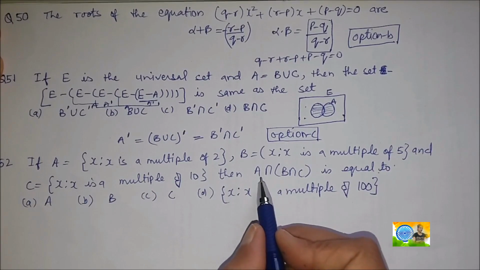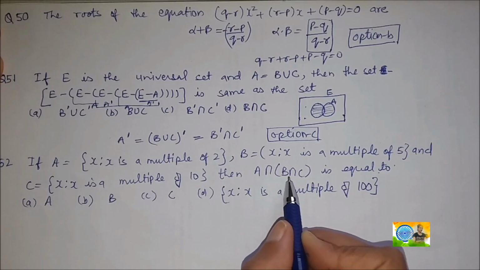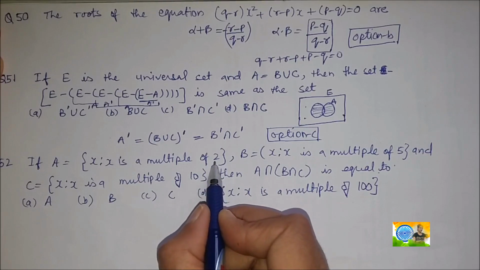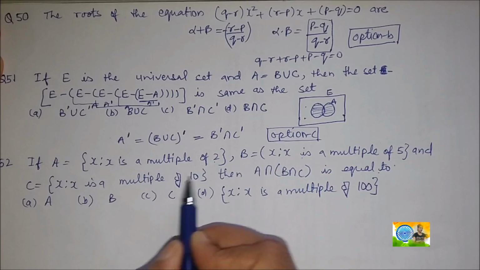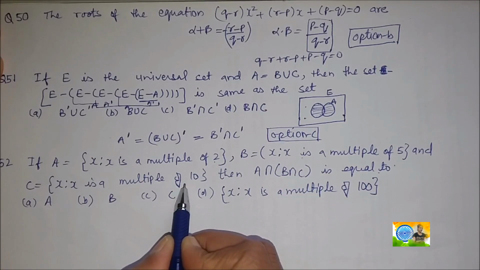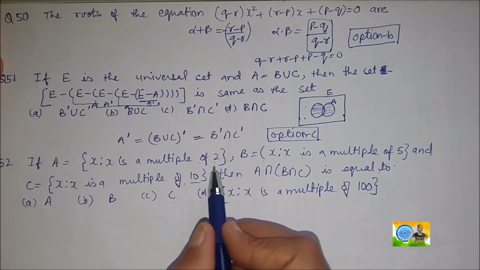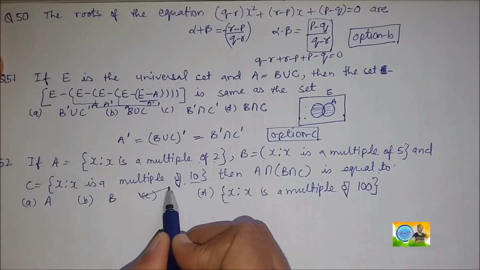In this question, for A intersection B intersection C, we want the elements that are common to A, B and C. In A we have multiples of 2, in B multiples of 5, and in C multiples of 10. Clearly the multiples of 10 are common to all the three sets. So the answer for this question is option C.